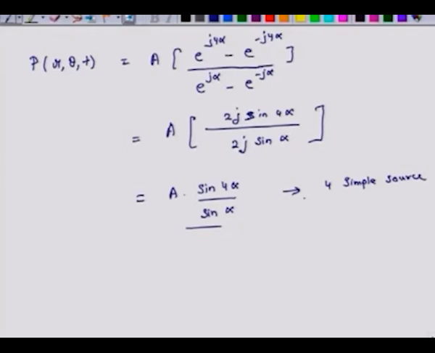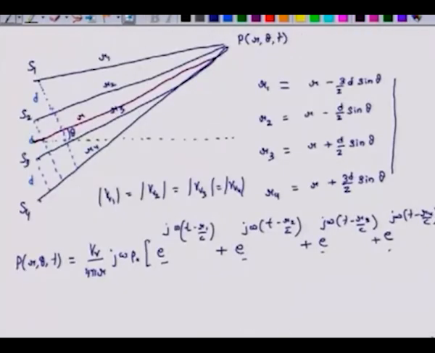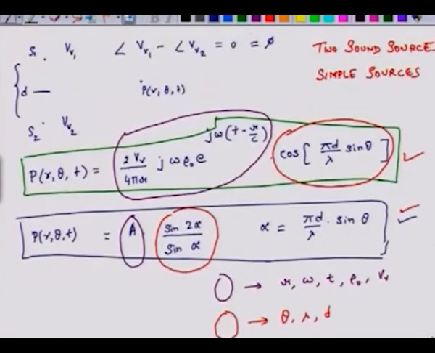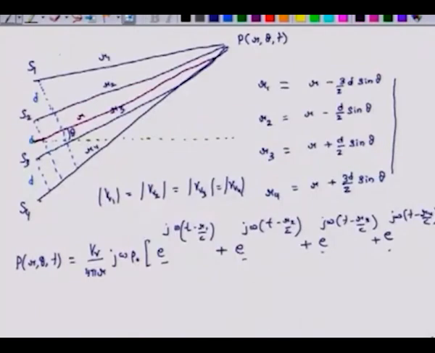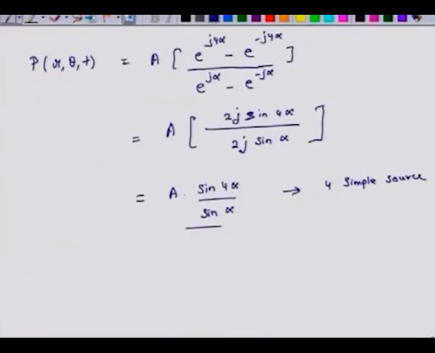So, to compare this with earlier case when we had 2 sources, let us see. The theta dependent term was essentially a ratio of sin 2 alpha divided by sin alpha when we had 2 sources. The theta dependent term when we have 4 sources is the ratio of sin 4 alpha divided by sin alpha.